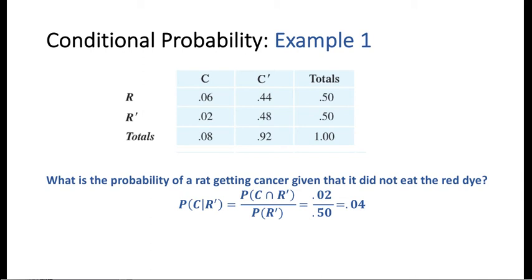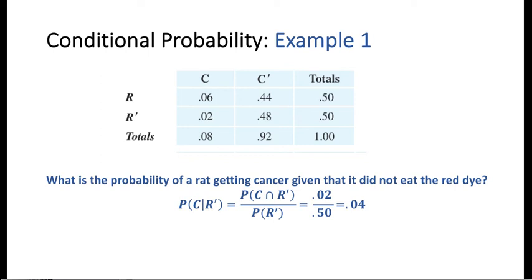So you can see how the FDA can make a conclusion based on this information. What do you think? Should that ice cream company add the red dye? I would say no. There's an increase of about 8% if you eat the red dye.